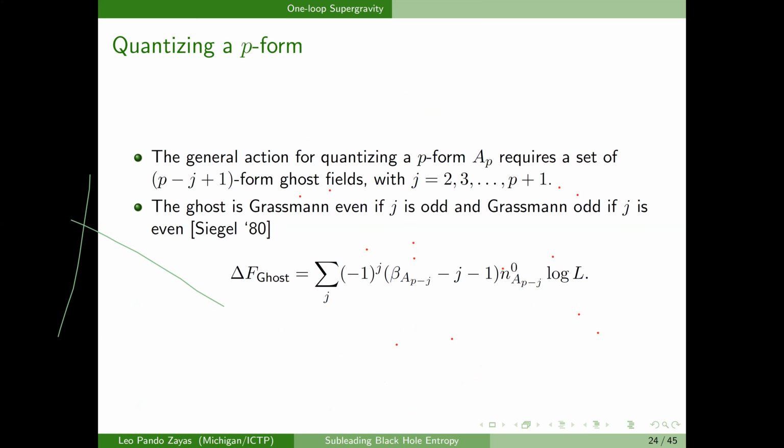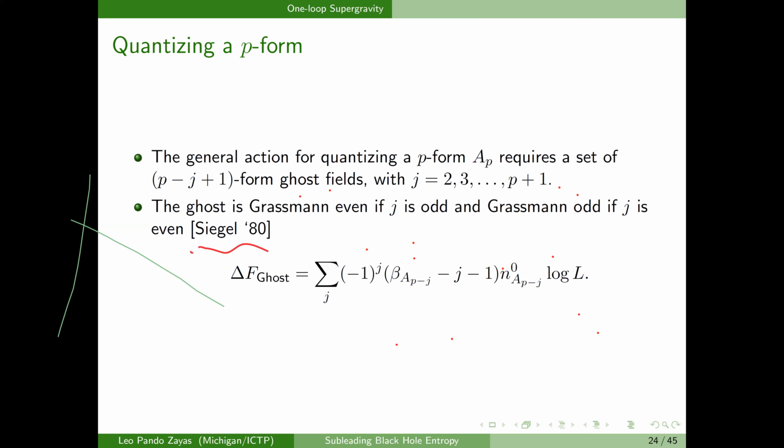This is something very nicely explained by Siegel in the 80s. Essentially, ghosts need ghosts. So why do you need a ghost? Because the p-form has a gauge invariance, which is a (p-1)-form. But you can see that that (p-1)-form, when you try to quantize it or put it into your computation, also might have a (p-1) gauge transformation.